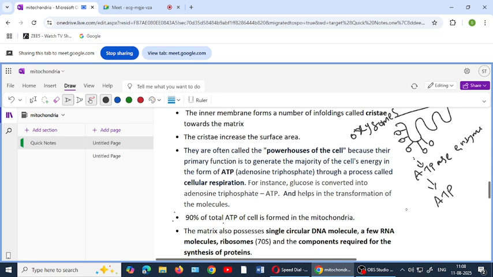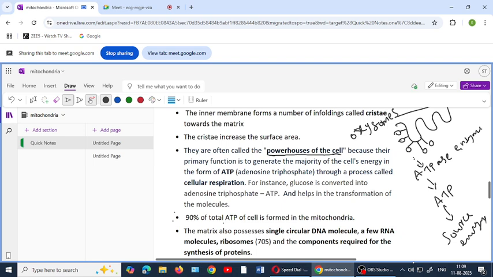ATP. This ATP is the main source of what? Energy. Okay, they are often called the powerhouse of the cell. Why? Because this inner area has oxysomes. What is the name?